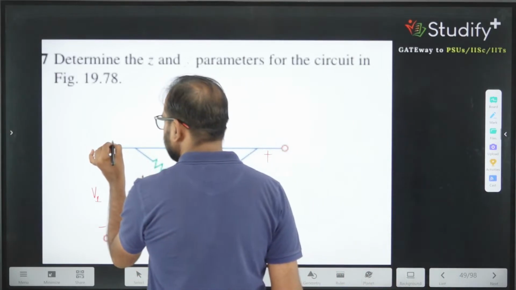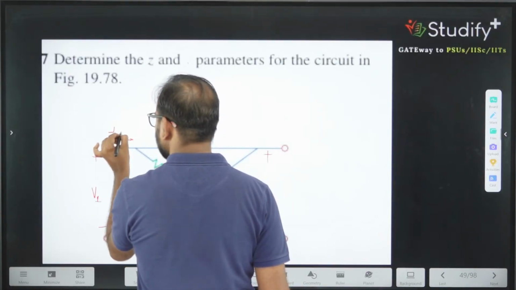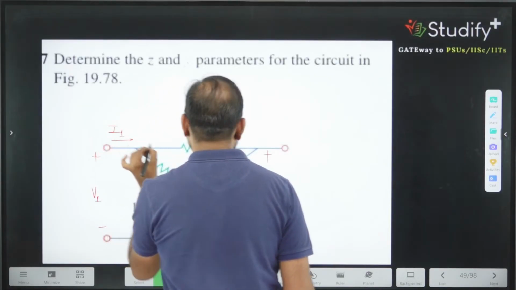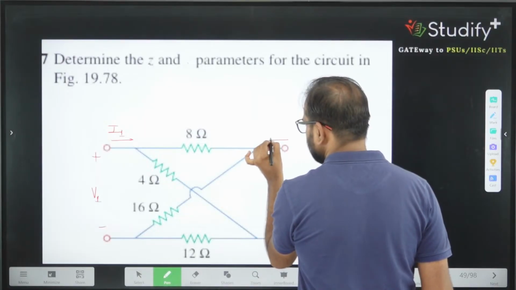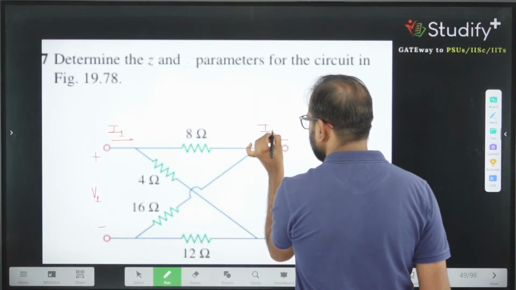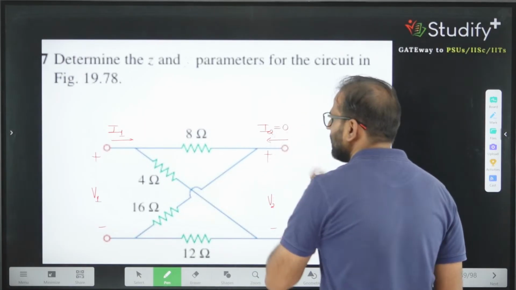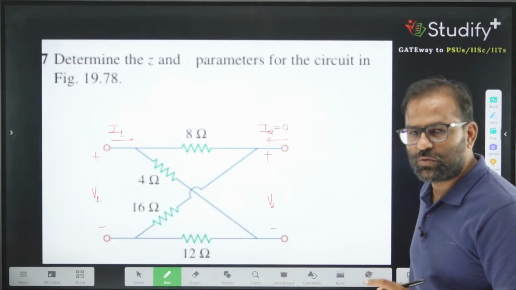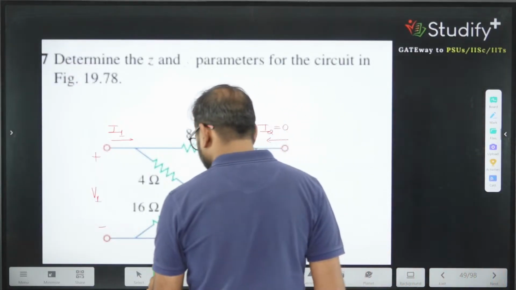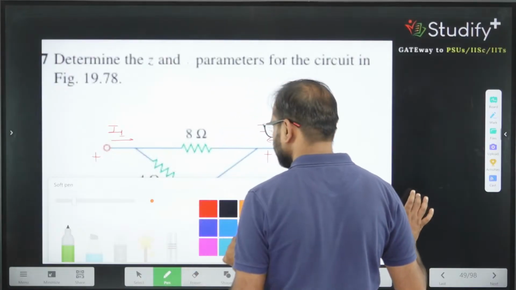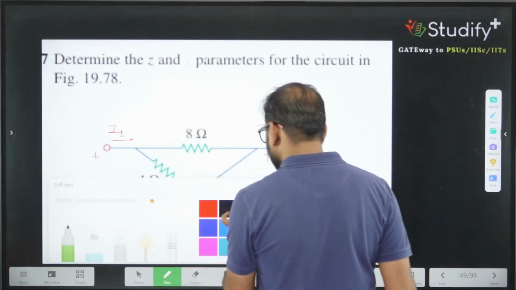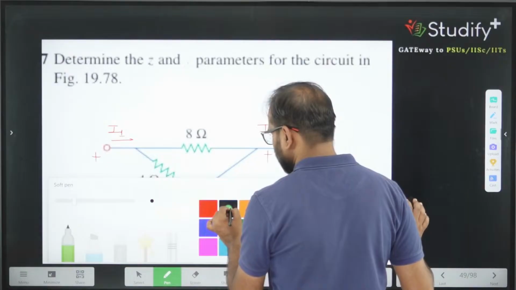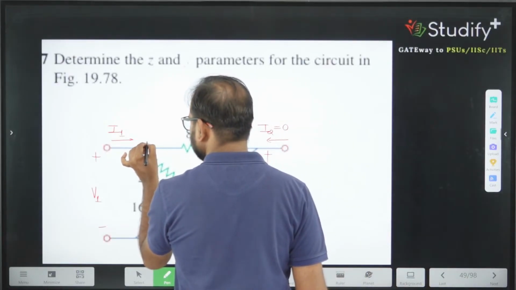If I make this current I1 and this current I2, let's make I2 equal to 0. If I make I2 equal to 0, can I say what the current here will be?